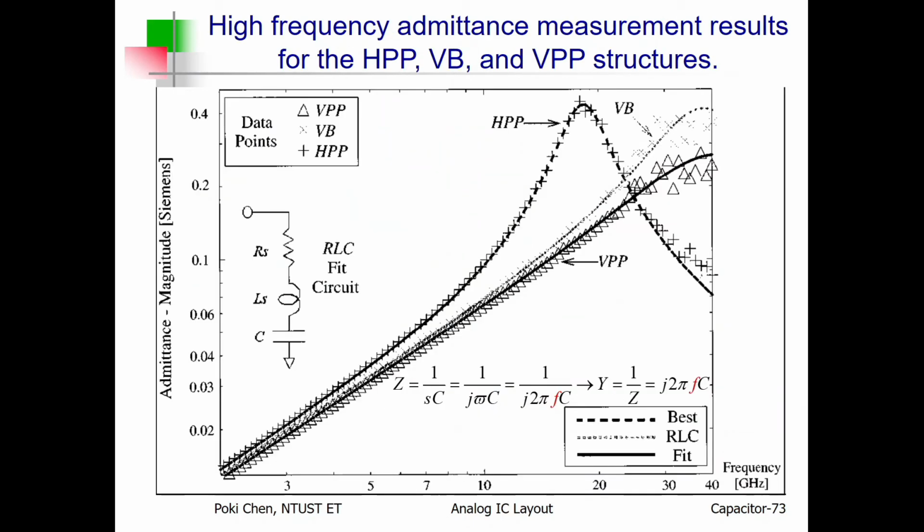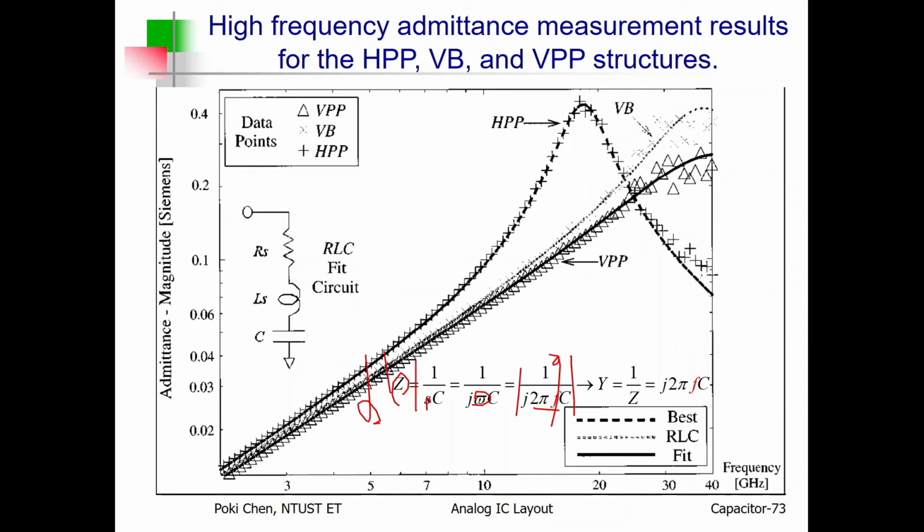Okay? Finally, we come to such kind of admittance plot. What is admittance? Usually you guys focus on impedance. Impedance means 1 over SC, S means J omega, omega means 2 pi F. So for impedance, the magnitude is reduced with higher frequency, right?